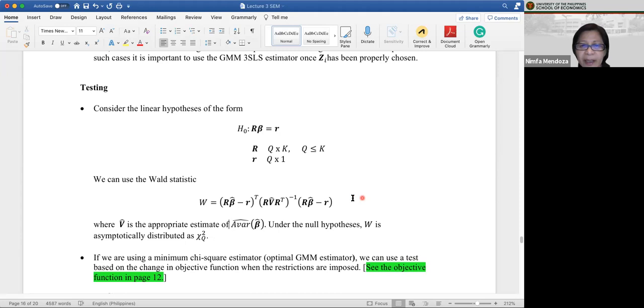In higher level econometrics, once we get out of the OLS, Gauss-Markov framework, we usually use the large sample tests: the likelihood ratio test, the Wald test, and the Lagrange multiplier test. The Wald test has the property that it uses only information on the unrestricted estimates. So beta hat here is unrestricted. And note that it is in the test where the asymptotic variance of the estimator comes in.